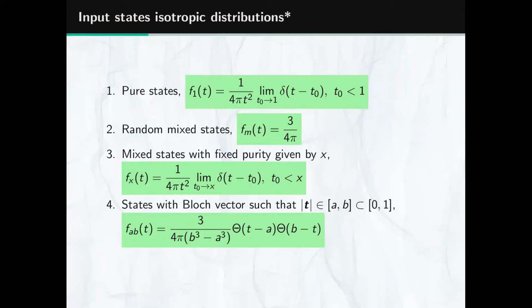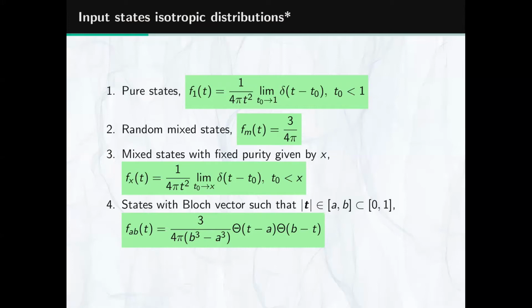We have 4 different distributions we consider in our work. First, you have pure states, which are the surface of the Bloch ball, and random mixed states, where you have the entire Bloch ball. Mixed states with a fixed purity given by X, here we have a ball of radius X inside the Bloch ball.